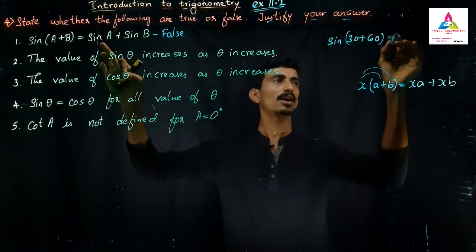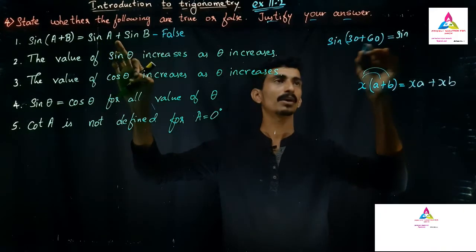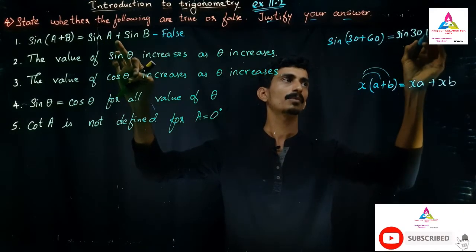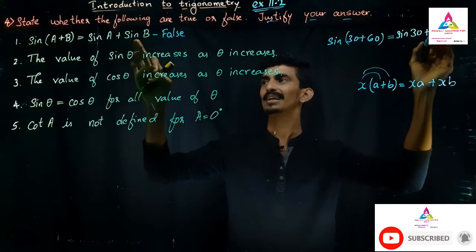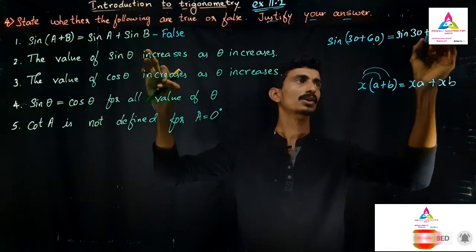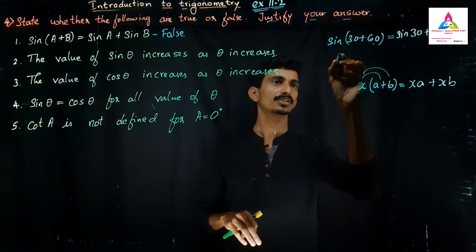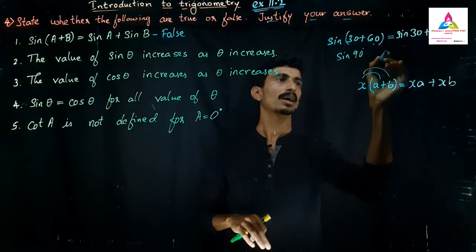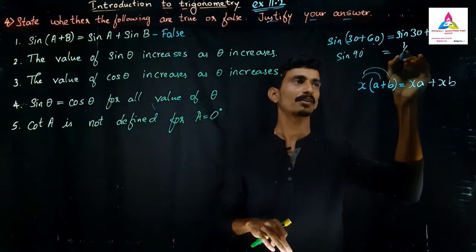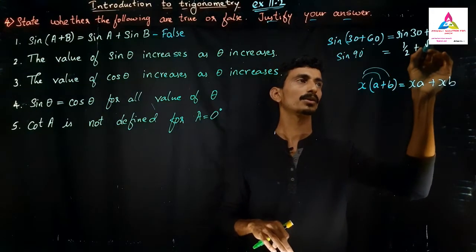On the left side we take sin(30° + 60°), and that is compared to the right side, sin A plus sin B. Sin A we have taken as 30 degrees, so sin 30 degrees plus sin B, and B we have taken as 60, so sin 60 degrees. Is it true? Sin(30 + 60) is sin 90 degrees, which is 1. On the other hand, sin 30 is half and sin 60 is root 3 by 2.